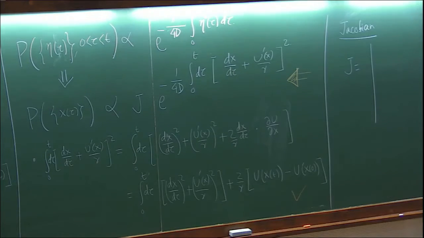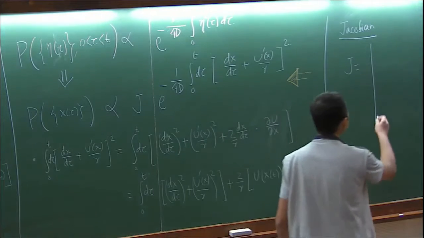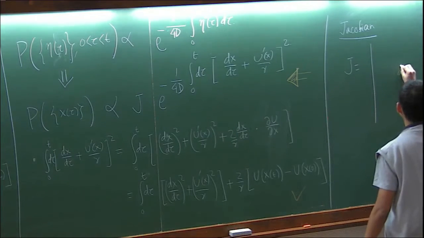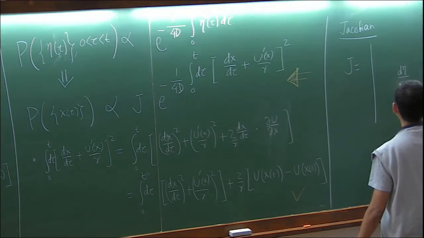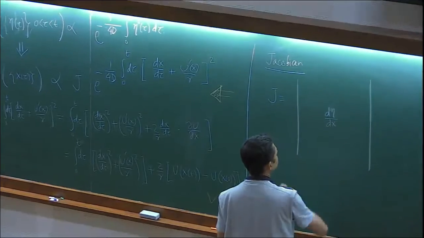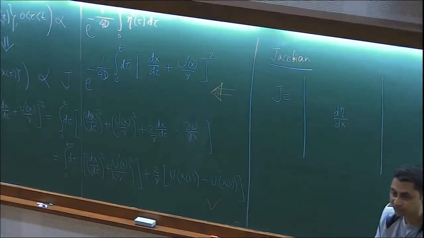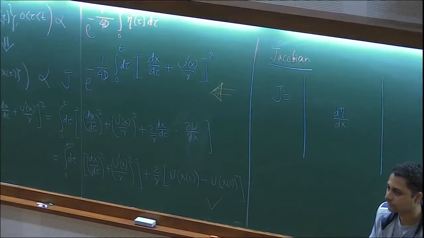So these Jacobians will be like, the general term will be like d eta by dx, but at various times. Right?